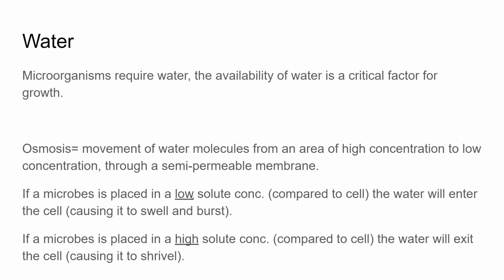If microbes are placed in a low solute concentration, say for example, you're placing a bacteria into a beaker of salt water, and the concentration of salt in the beaker is lower than it is inside of the cell, the water will enter the cell. This is because it's moving from an area of high water concentration, which is outside the cell, to inside the cell. This is going to cause the cell to swell and to burst.